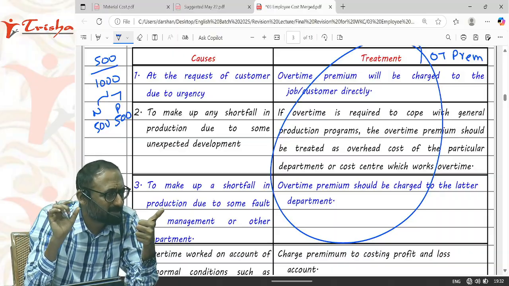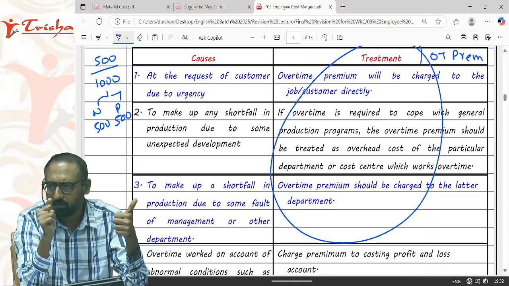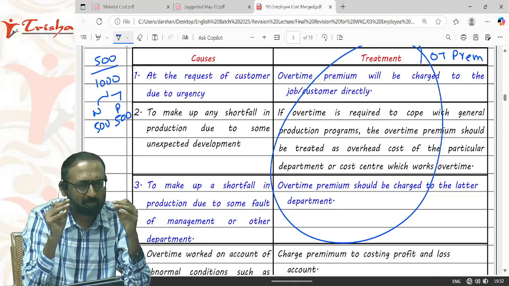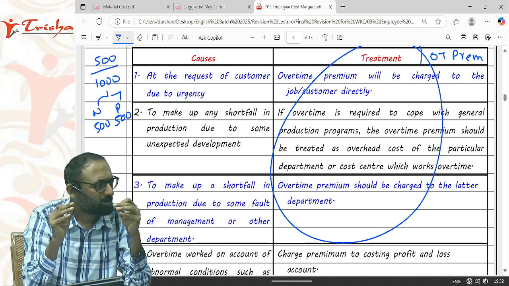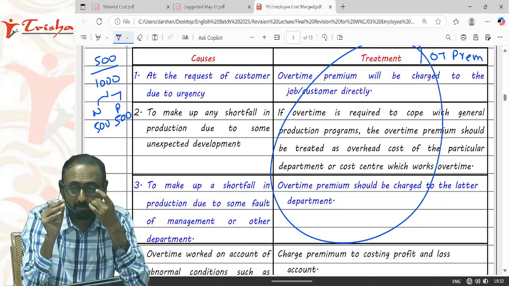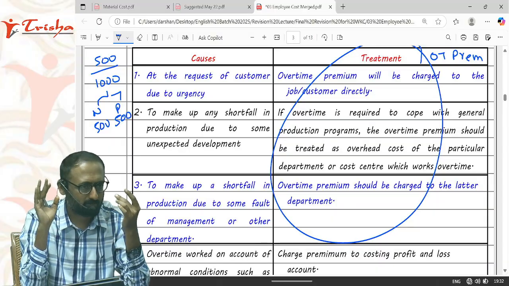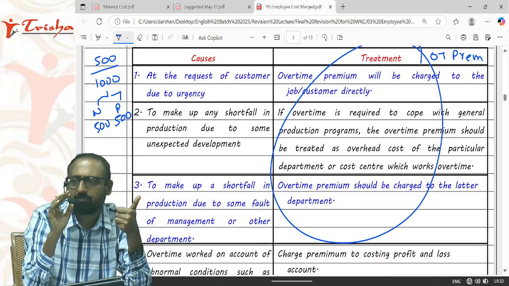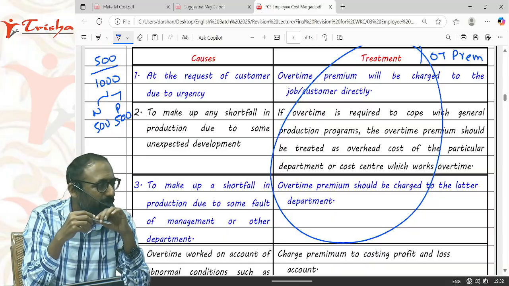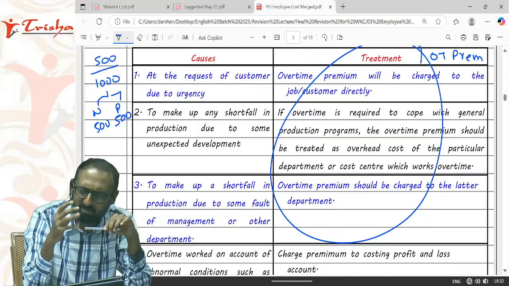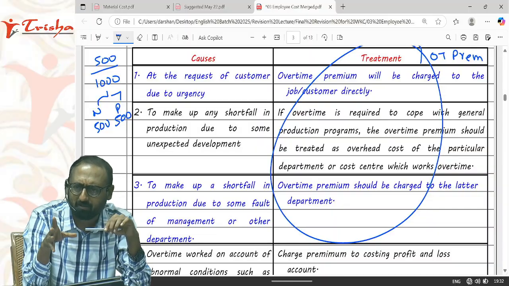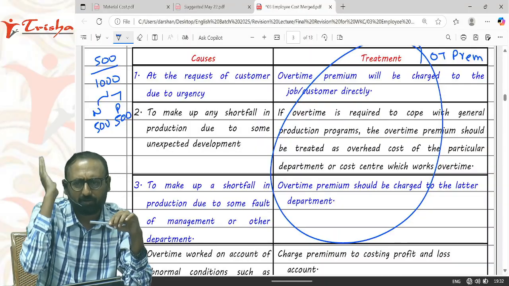And next point, if overtime is done because of a persistent shortage of workers, then you will have to inflate the wage rate.